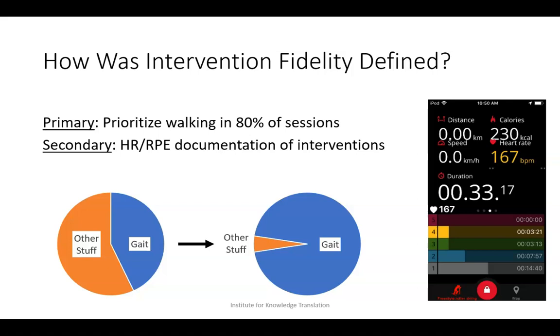So we didn't set a goal for the amount of time in the heart rate zone or achieving the target heart rate. Rather, we focused on just whether or not the clinician was documenting it, and hoping that meant that they were trying to increase it. That is where it ended up going.